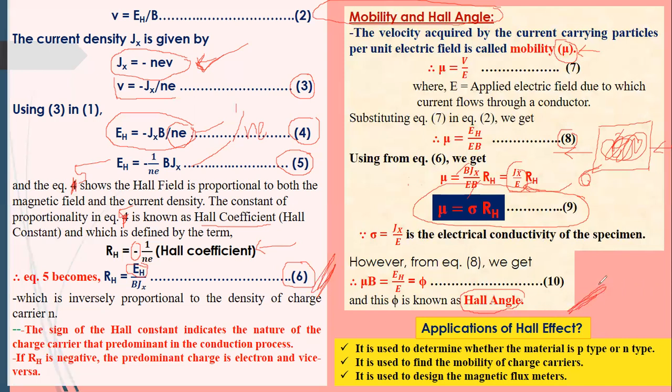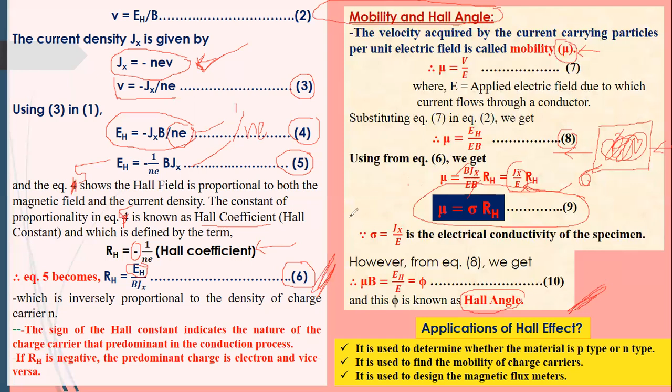The application of Hall effect is that it is used to determine whether the material is P type or N type. For the identification of the material, whether the semiconducting material is P type or N type can be identified by using the Hall effect.